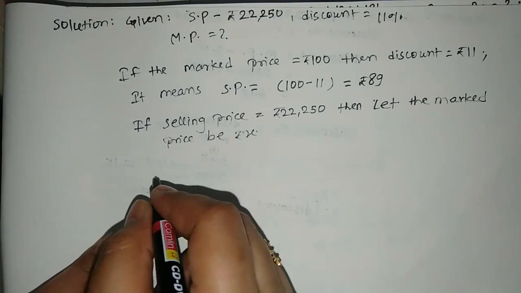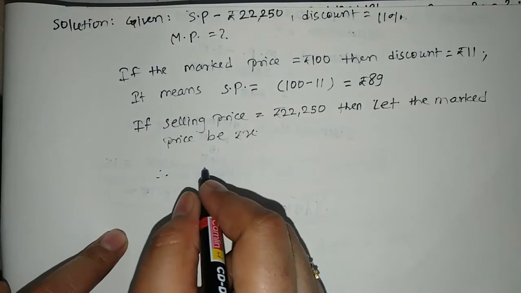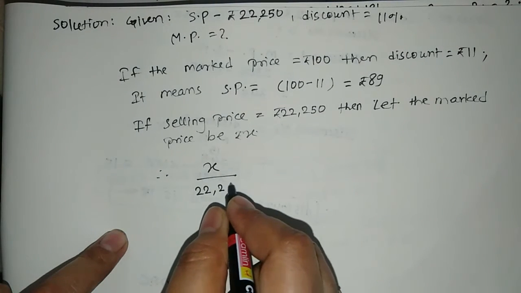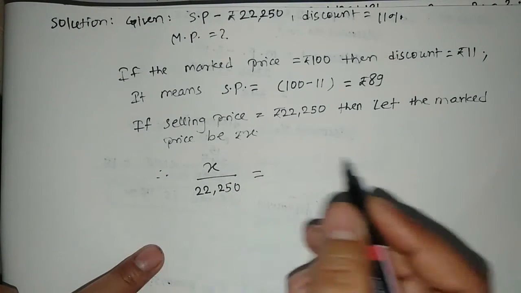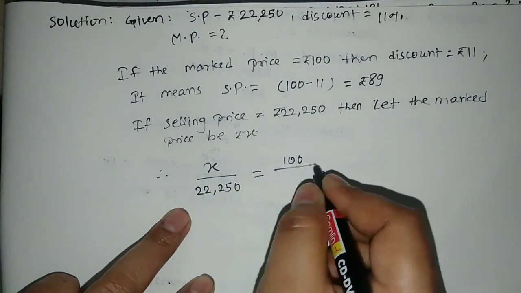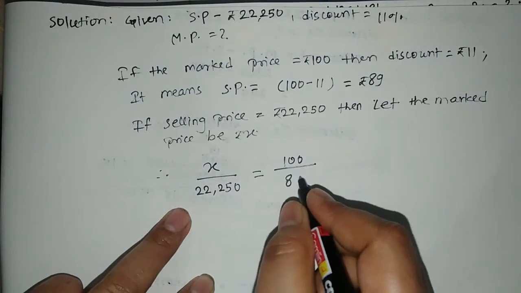So obtain the ratio here. Therefore when the mark price is X, then selling price is 22,250 rupees, is equal to, when the mark price is 100, then selling price is 89 rupees.